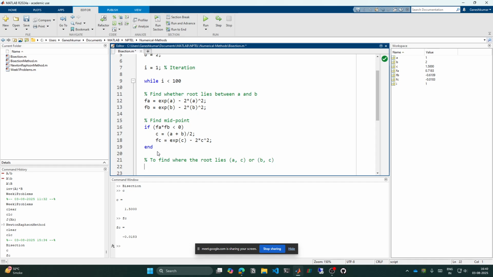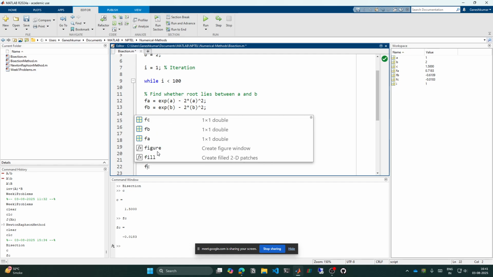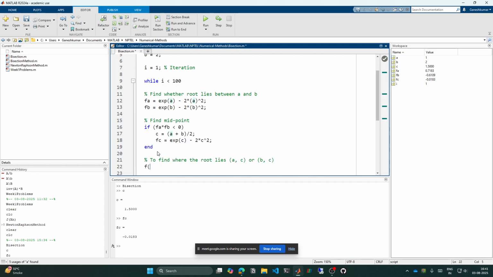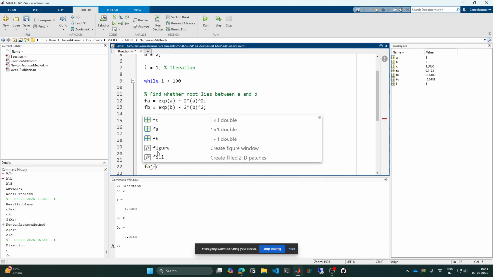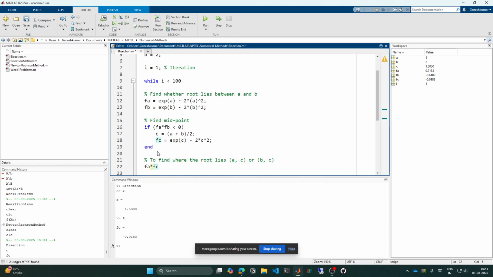This is your next objective, right? To do that, you will find f a times f c, and check first whether this is less than 0 or not, right?